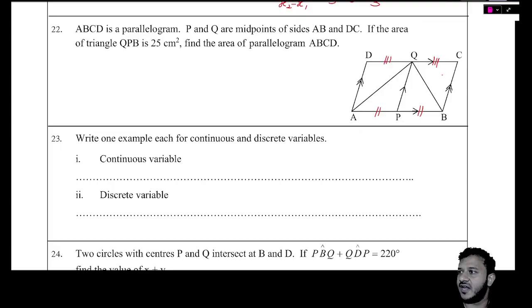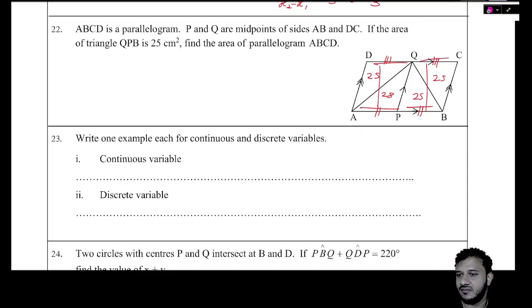If the area of triangle QPB is 25, find the area of ABCD. That is very easy, no? This is 25, this is 25, this is 25, because all of them have the same base and the same height.